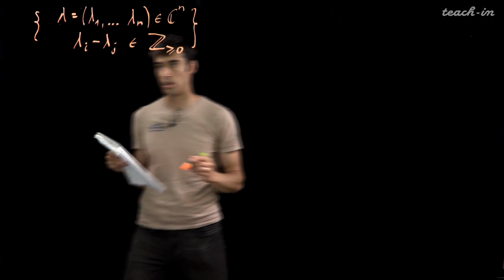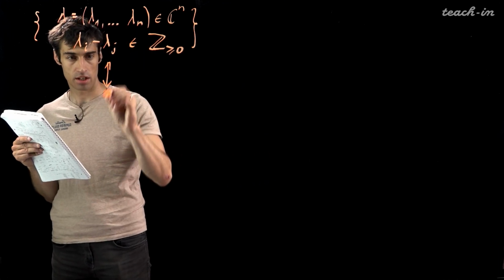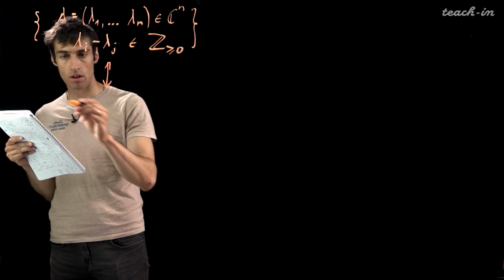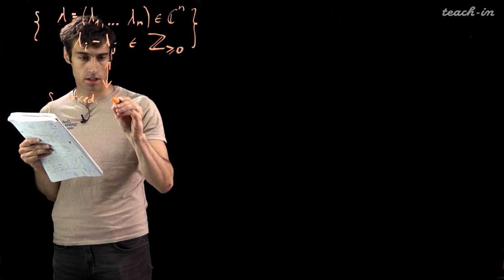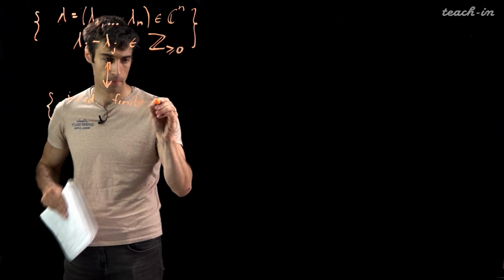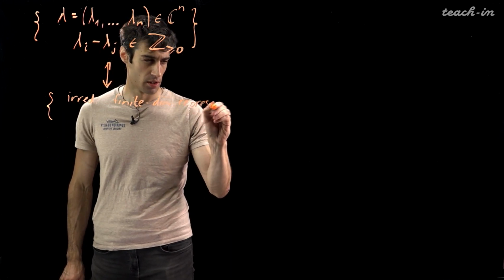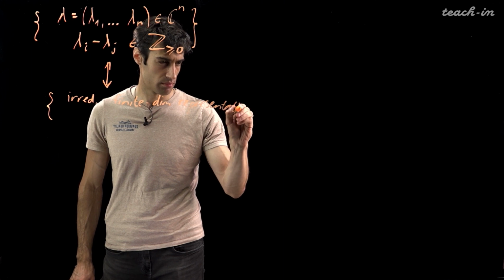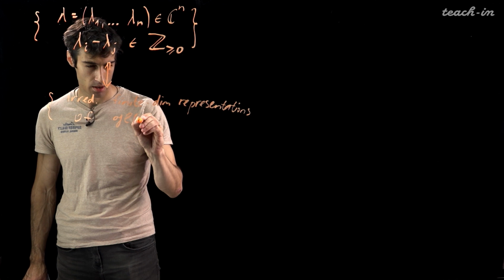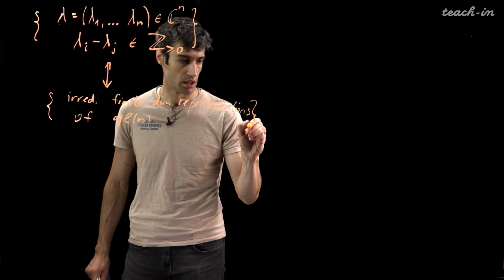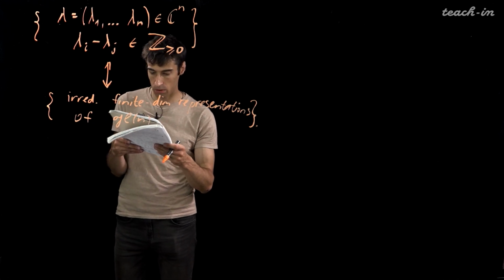And another set is, of course, isomorphism classes of irreducible finite-dimensional representations of GL_N. And the bijection goes like this.